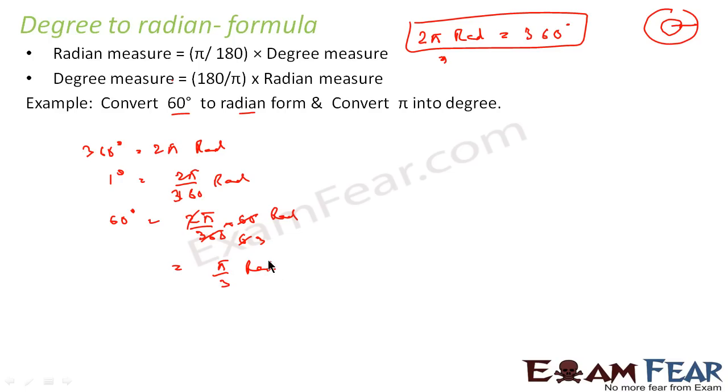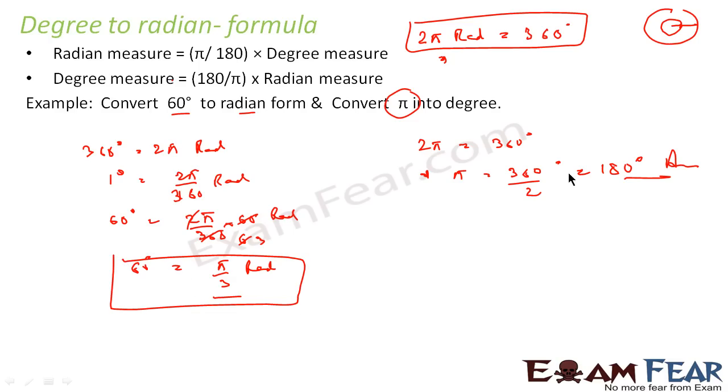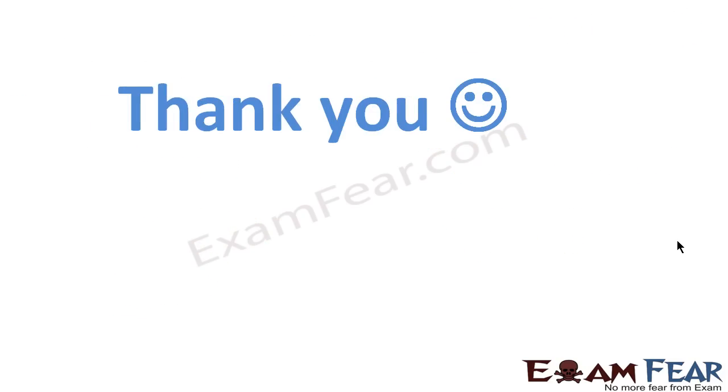Also, if you want to convert pi into degree, we know that 2 pi is equal to 360 degree, so pi is equal to 360 by 2, which is 180 degree. So we have found 60 degree is equal to pi by 3 radian and pi is equal to 180 degree. Just write this formula and we can derive. No need to get confused by these formulas. Just remember this formula. Thank you.